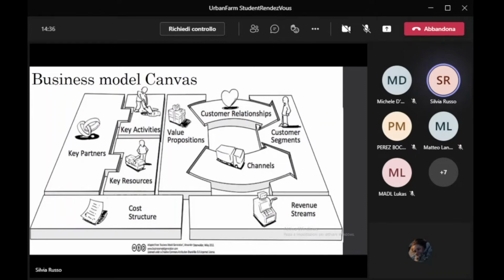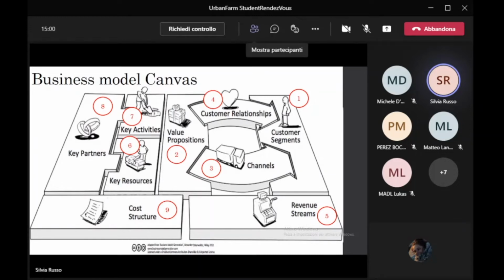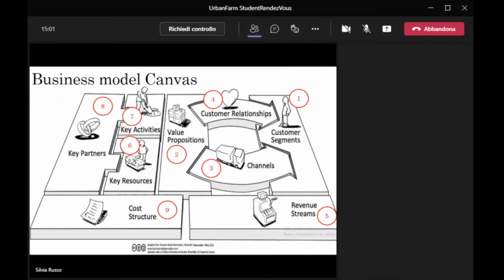Now, by listing them, I have followed a specific order, the order which the authors of the book follow, and which makes it easy to compile and complete, and above all, to keep the business model canvas current. Current is a very important characteristic of our business model canvas, so that it can effectively represent a strategic tool.